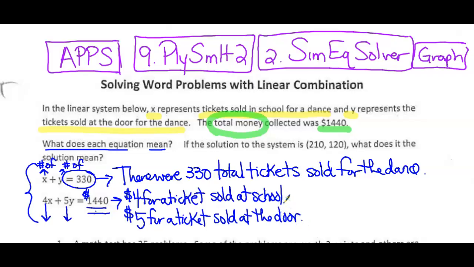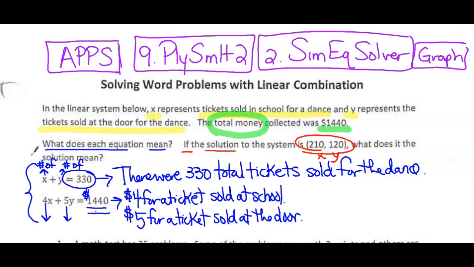All right, so now that we've done all of that, we understand what the equation represents. The next question says, if the solution to this system is (210, 120), and remember a solution is (x, y), what does the solution mean? And in that word problem, it says x represents the tickets sold in school, and y represents the tickets sold at the door.